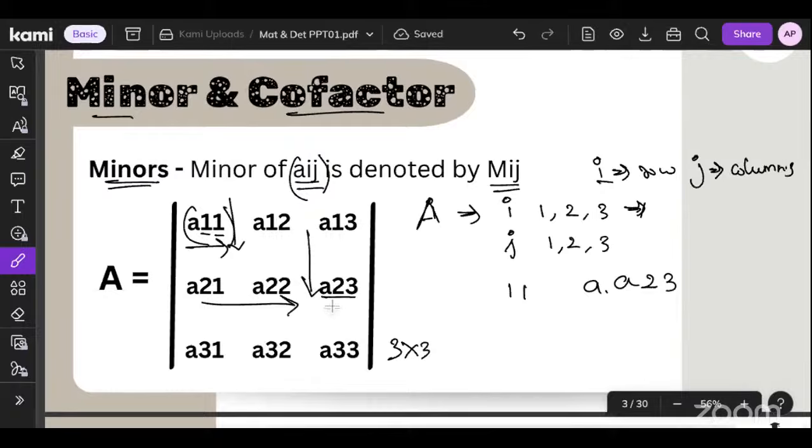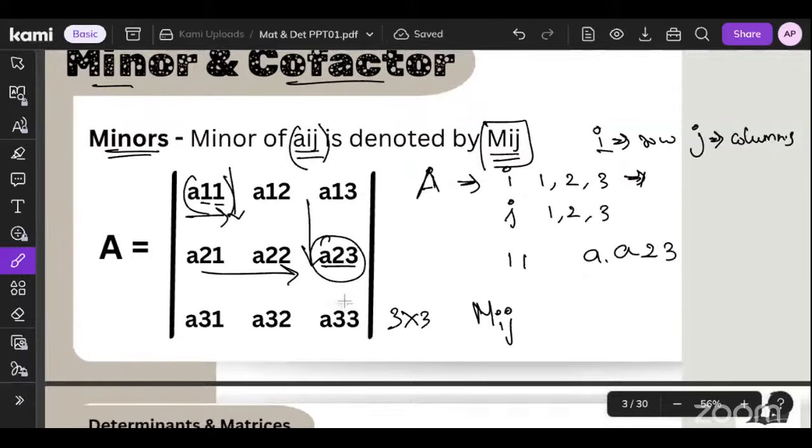Is it clear? Do you understand the minor? What is minor? Minor is represented by mij. We are specifying the place of the element in the matrix. Is it clear?